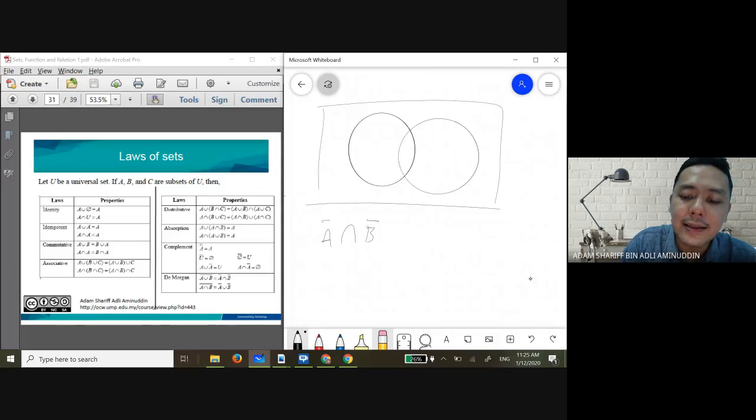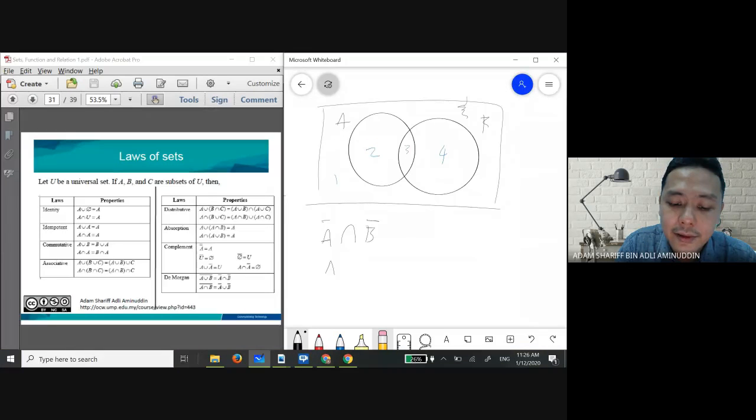So katakan saya gunakan numbering yang sama, A, B dan universal set. I have 1, 2 and 3, 4. And I do complement of A first, which is 1 and 4. Complement of B is 1 and 2.